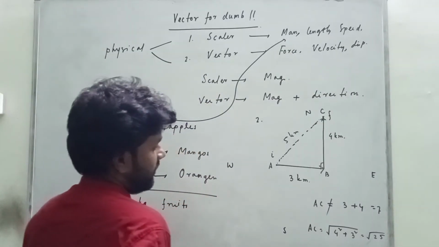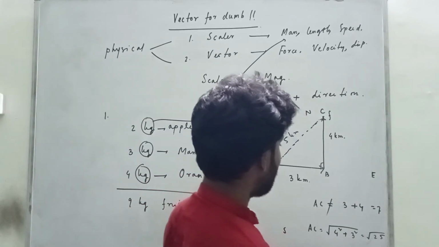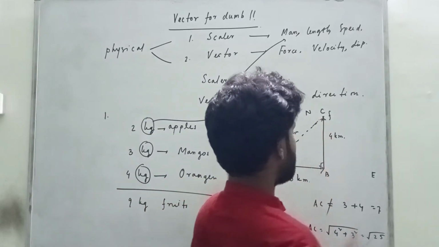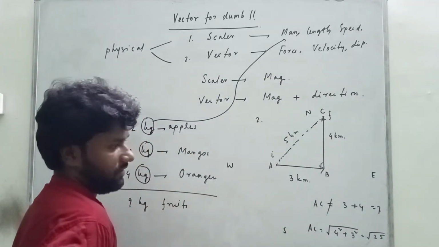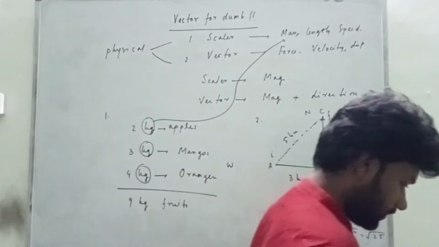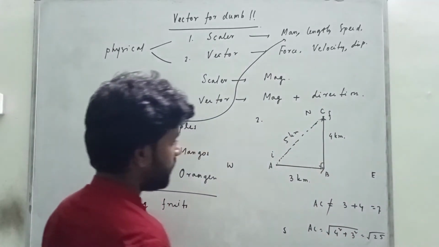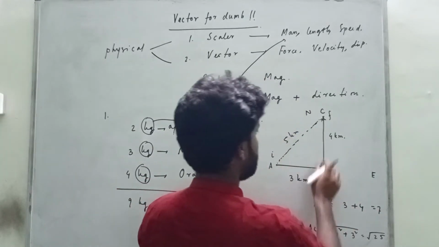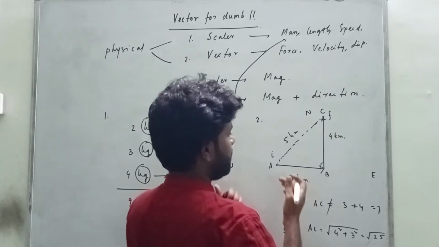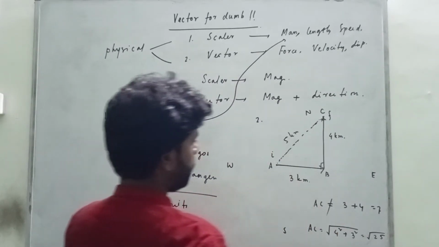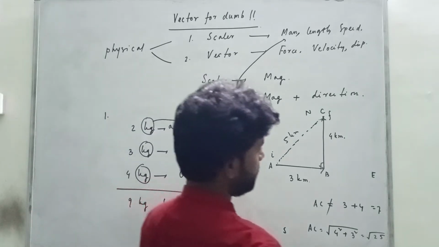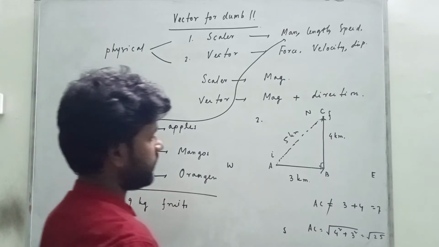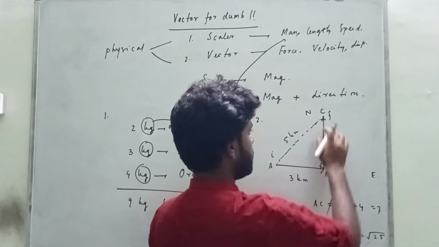Okay. So it is a crucial finding here that the addition of vector quantities doesn't follow our normal class 3-4 algebra, right? It doesn't follow 3 plus 4 equals 7, but it follows a different type of algebra. It is 5 kilometers because it is a vector quantity here.